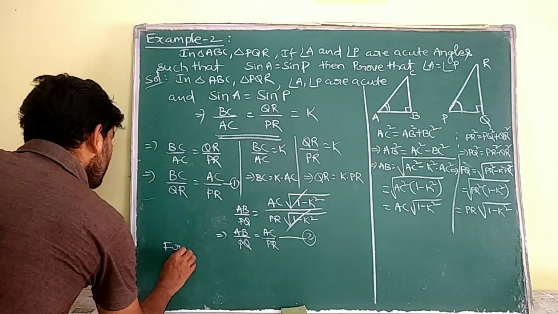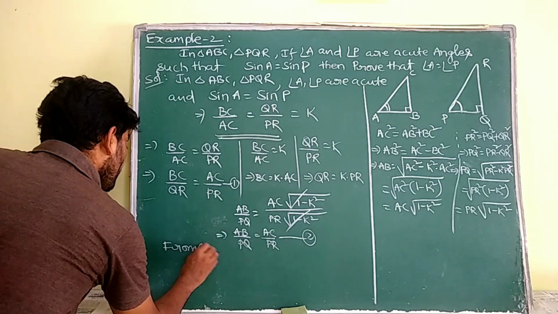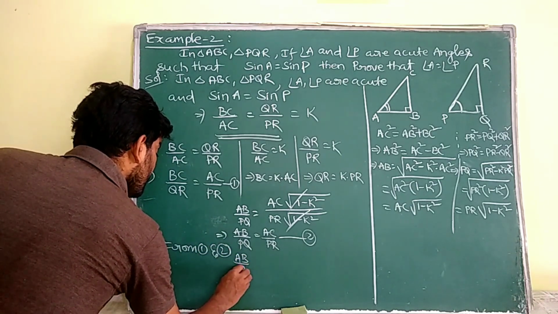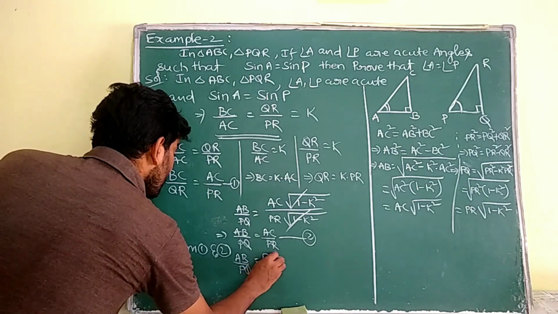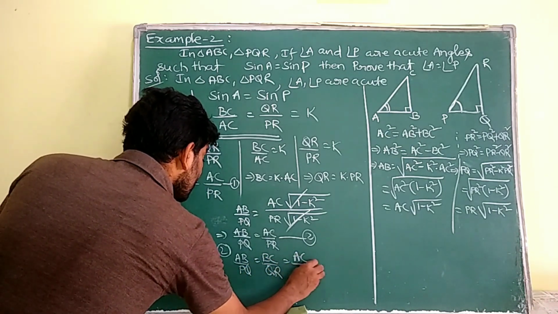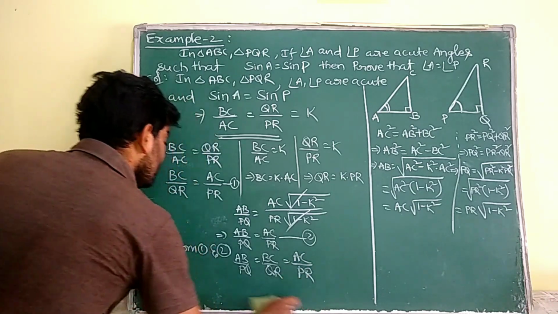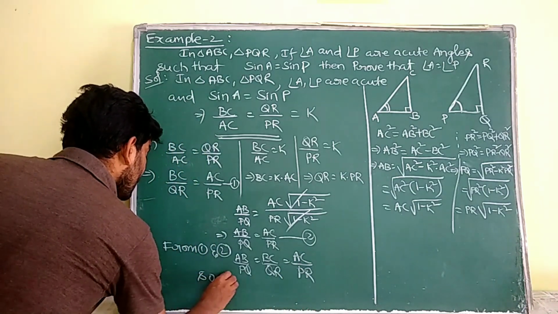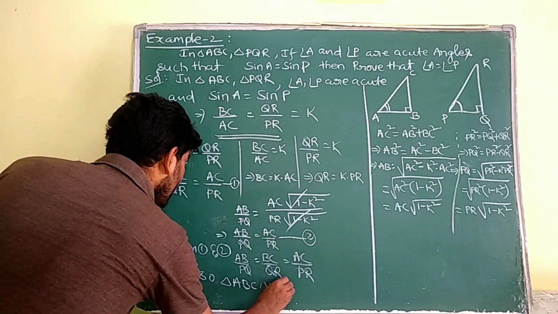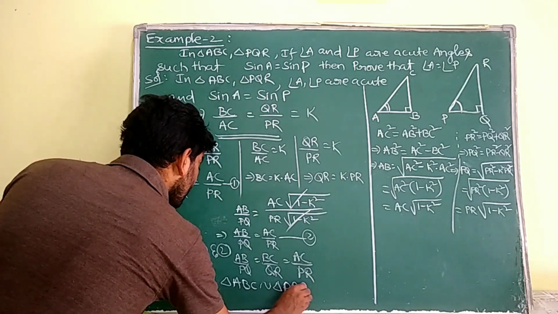From 1 and 2, AB by PQ is equal to BC by QR is equal to AC by PR. So triangle ABC is similar to triangle PQR.